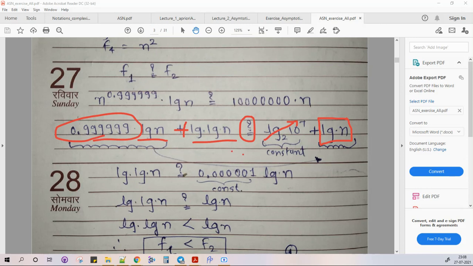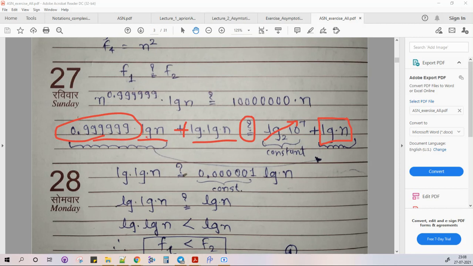Correct. Now what will happen is, one second, how can we arrive at this directly without taking one more log? I was thinking about that. So 0.999 is less than 1. Okay, now I understood.